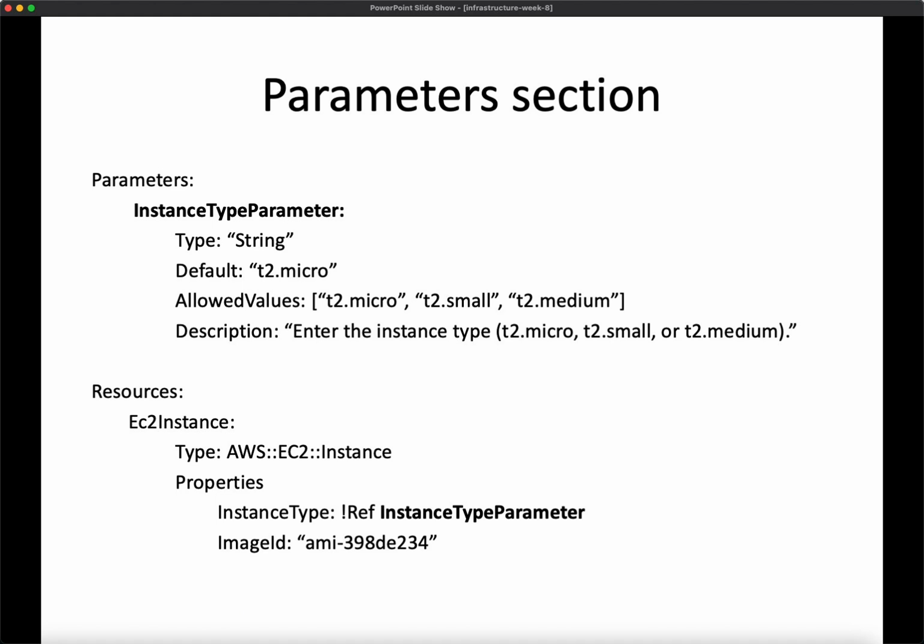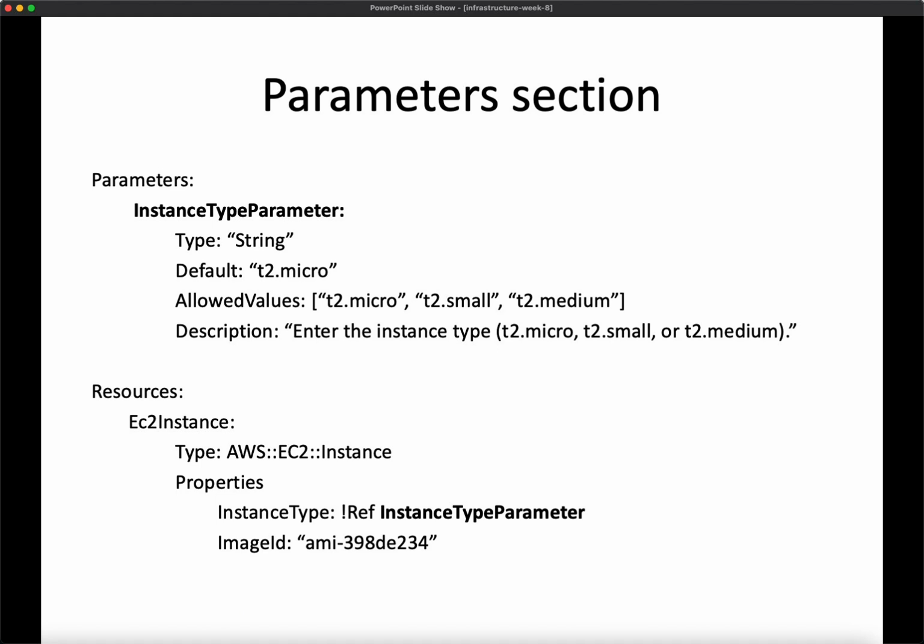That way, if somebody's trying to deploy a stack using this template, they have some idea what this parameter is for. You see lower down in the template in the resources section, and we'll talk about the resources section a little bit later in the video, that there is an EC2 instance resource being defined, and one of the properties of that EC2 instance is a property called InstanceType.